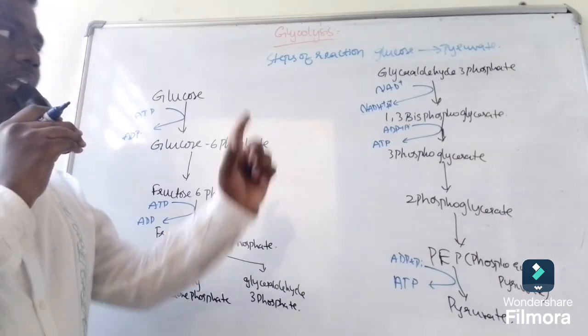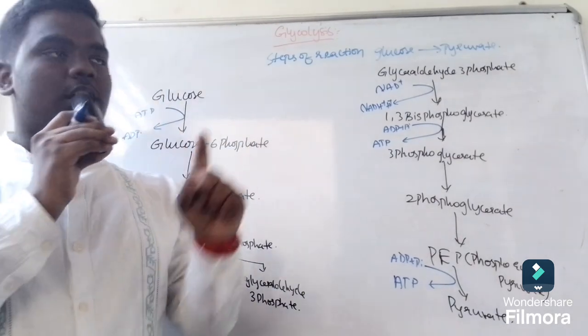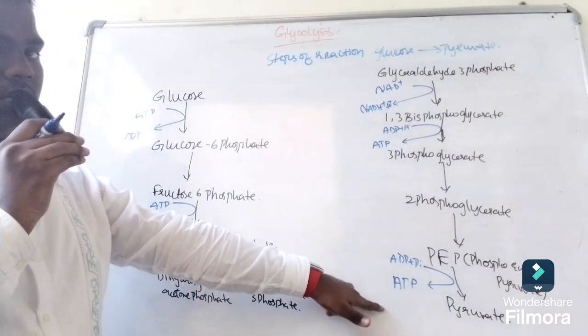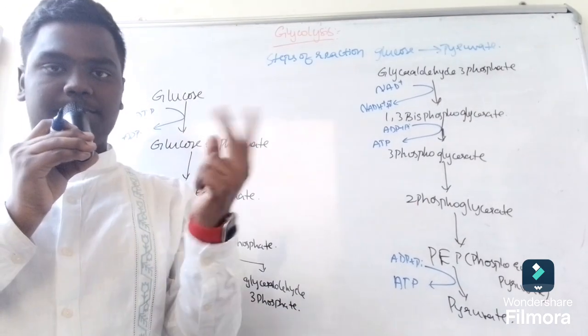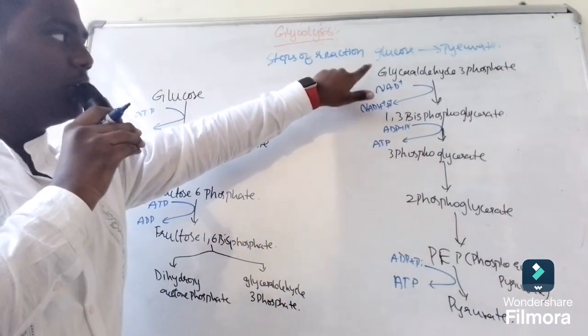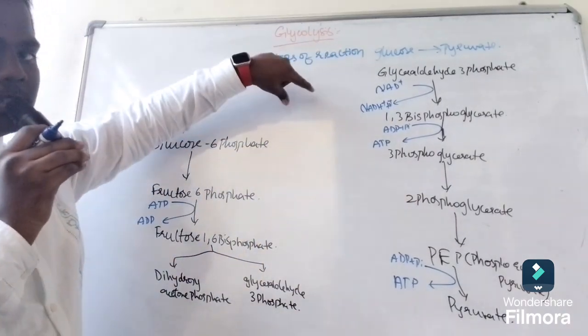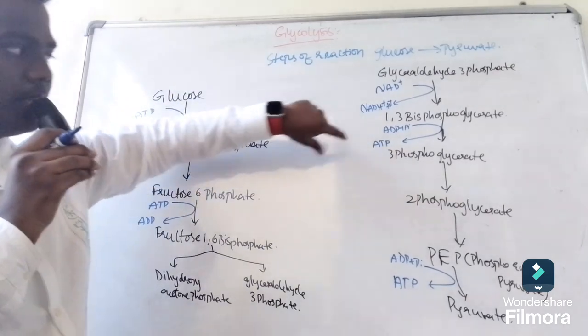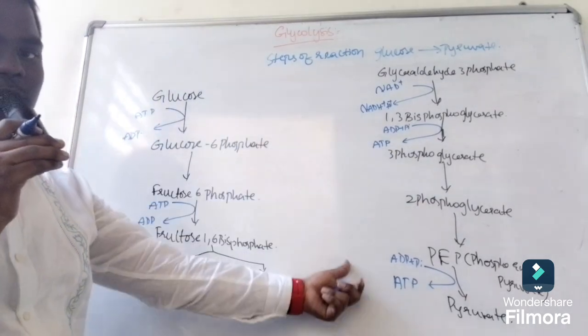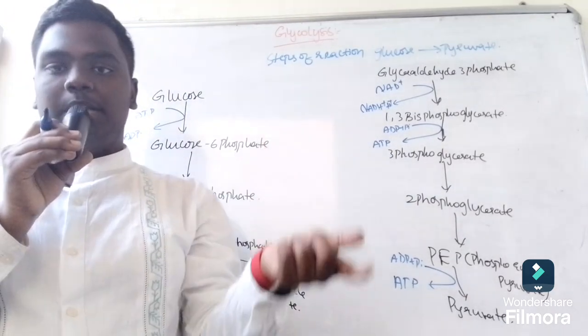And we must not forget that these reactions are occurring two times. So NADH plus H plus is produced one more time, and ATP is produced a second time at each of the ATP steps.